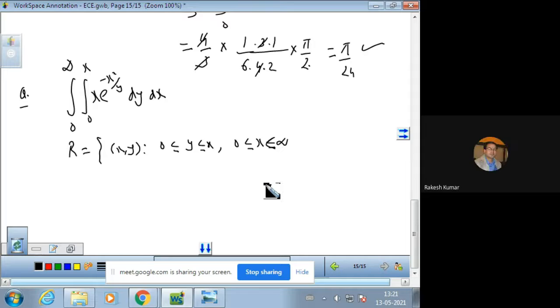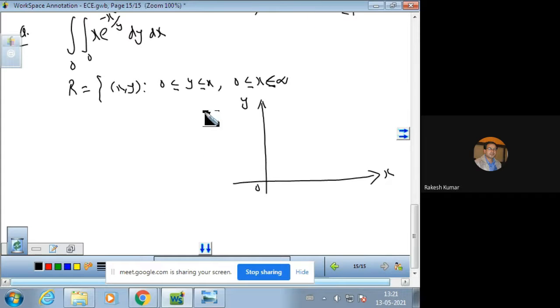Now, you can plot the figure. The XY plane is there, and you see y is 0. Y is 0 means this is your x-axis. Y is equal to x is the line passing through the origin, making an angle of 45 degrees, and x is 0 is your y-axis, and x is equal to infinity.